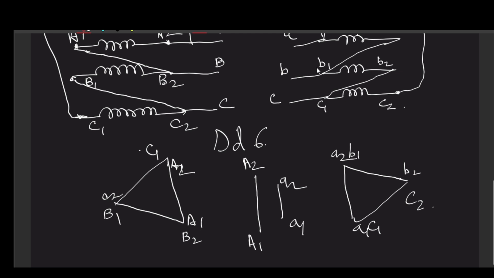Here while drawing the phasor diagram of three-phase transformer, we are considering our transformers are ideal in nature. Of course they are not, but in order to draw a simple arrangement and simple diagram, we are doing this. So this is DD6.